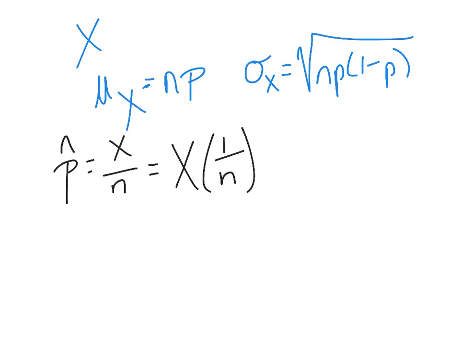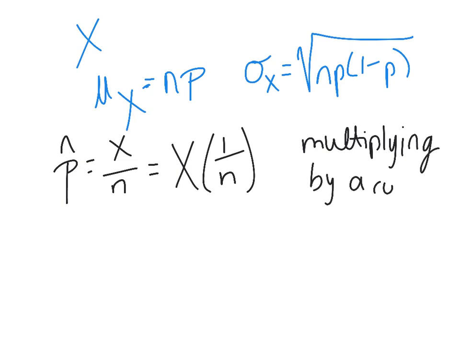So basically what I'm doing here is multiplying my X by a constant. If we think back to when we transformed data before, if I multiply by a constant, that's going to affect the mean and it will affect the spread.